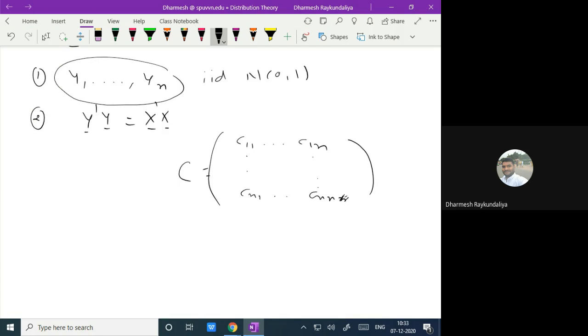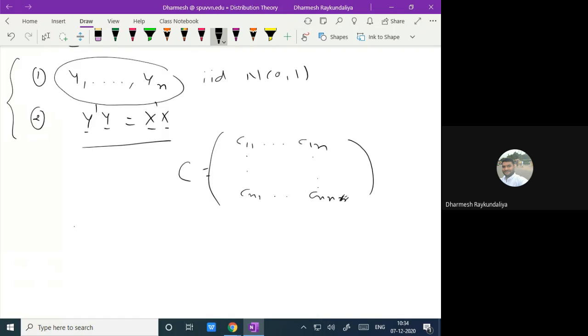That means we are trying to find the distribution of y1, y2, ..., yn conditioning on C, then it is said to be a conditional orthogonal transformation. Both the results remain the same. And if C1, C2, ..., Cn are real values, not random, then y1, y2, ..., yn are IID unconditional normals, and this remains the same.